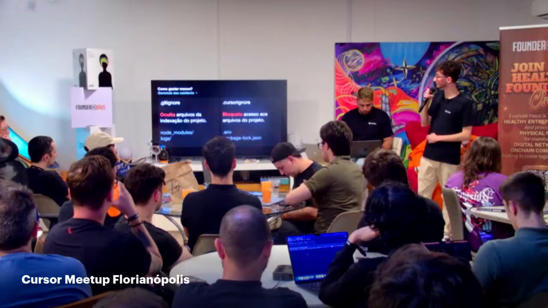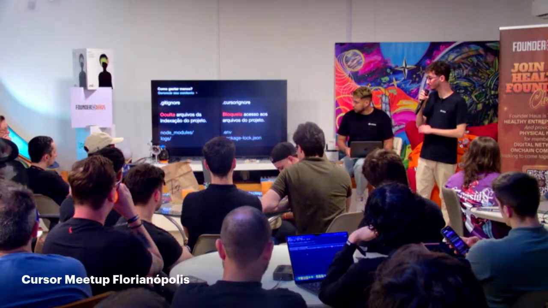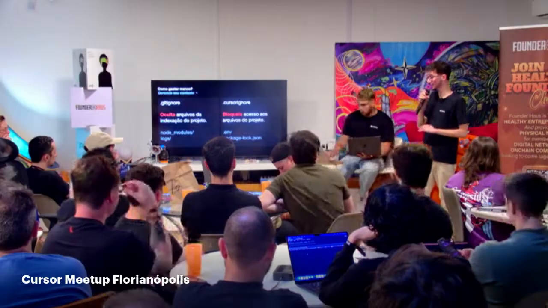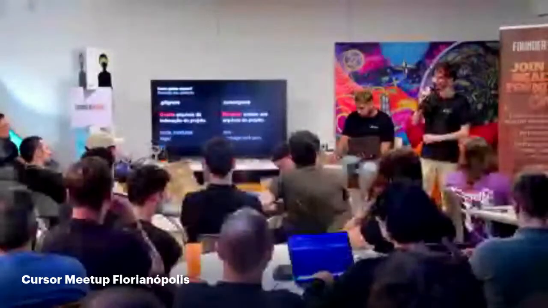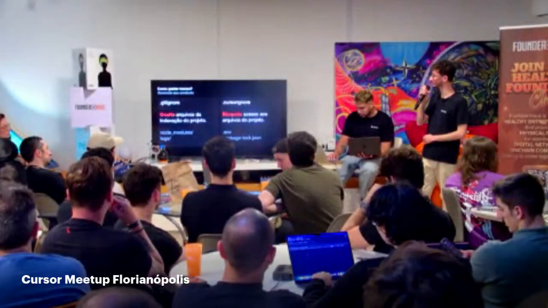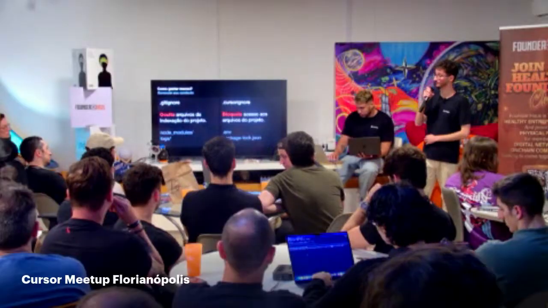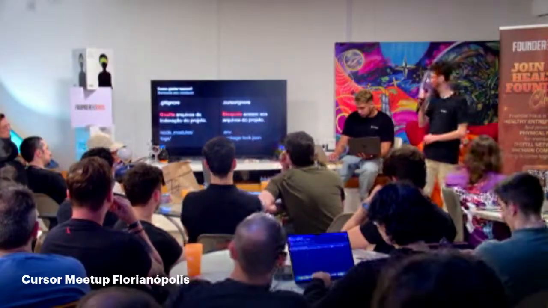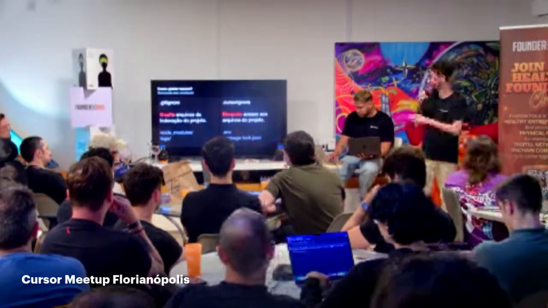We also have cursor ignore. It completely blocks the AI's access to that folder or file. You can put in the cursor ignore the .env or anything like secrets.json.